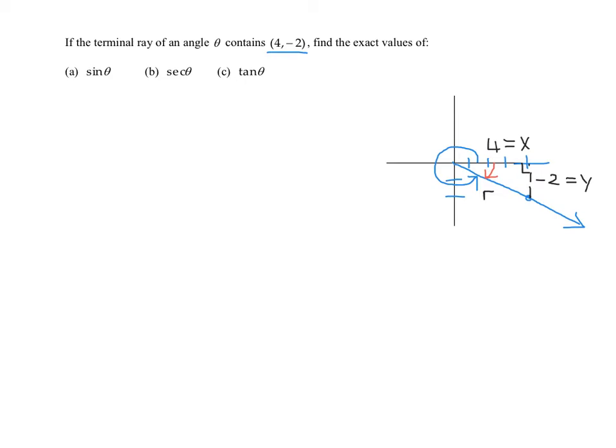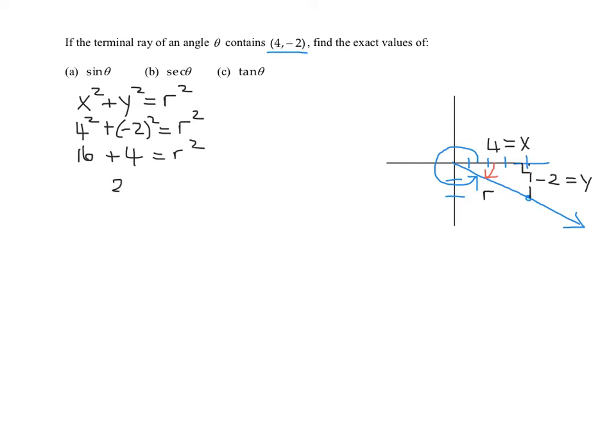So remember, how do we find r? We're going to use x squared plus y squared equals r squared, the famous Pythagorean Theorem. So x is 4 squared plus y is -2 squared equals r squared. So 16 plus (-2) squared, which is 4, equals r squared.